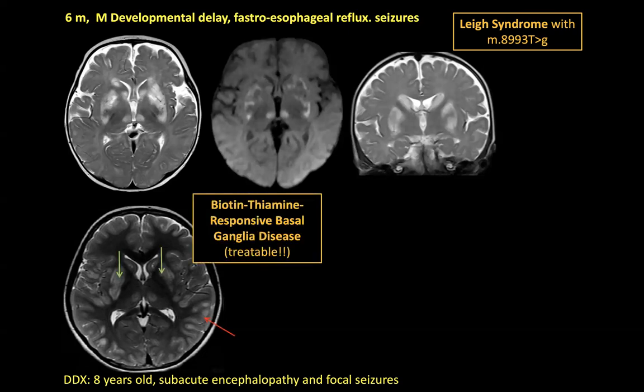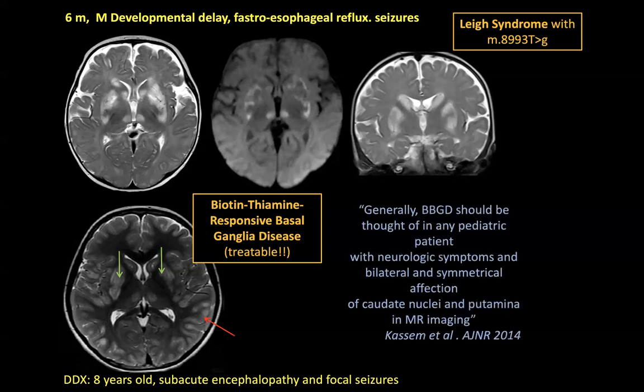So this is treatable, and every pediatric neurologist dealing with neurometabolic disorders knows that if you have something that looks like Leigh, you give biotin and thiamine in the hope that this is not, in fact, a mitochondrial cytopathy, but this curable condition, biotin thiamine responsive basal ganglia disease.